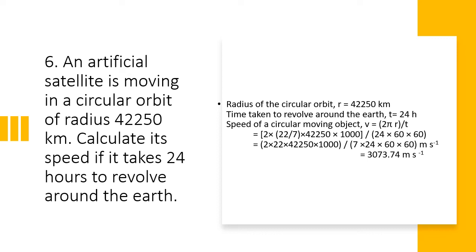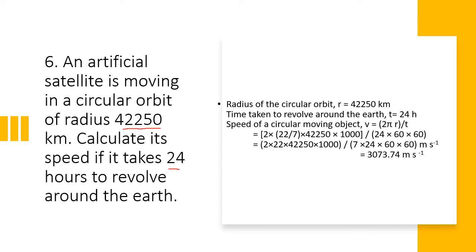Sixth question. An artificial satellite is moving in a circular orbit of radius 42,250 km. Calculate its speed if it takes 24 hours to revolve around the Earth. See, this is uniform circular motion.